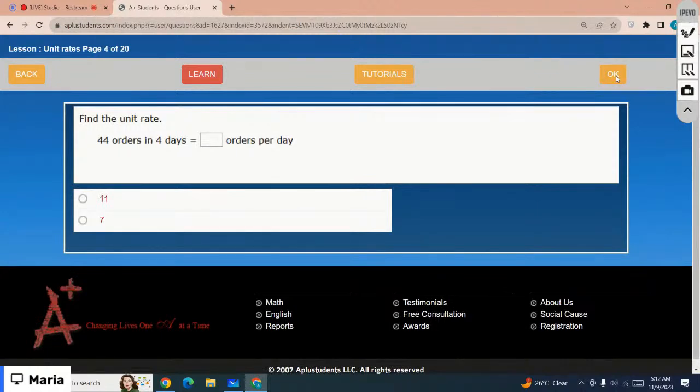The next one is find the unit rate. 44 orders in 4 days. So how many orders per day?